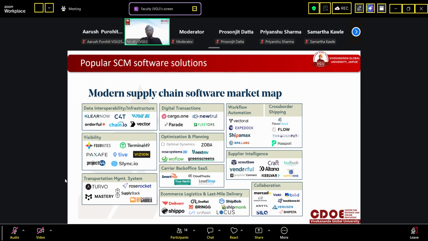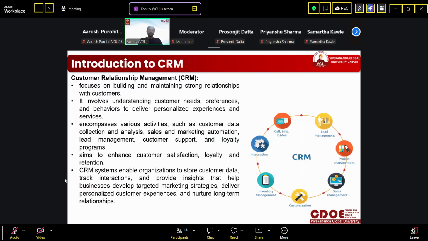From planning to selecting, there are always different companies, and if you give the task to them to handle these processes, they do it easily. So these are the popular supply chain management software products.